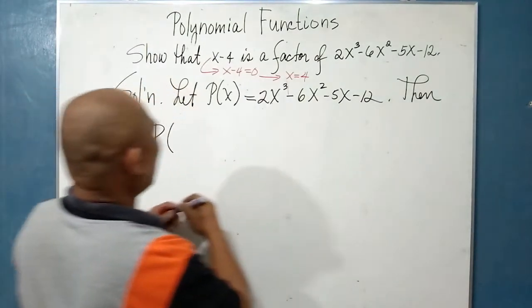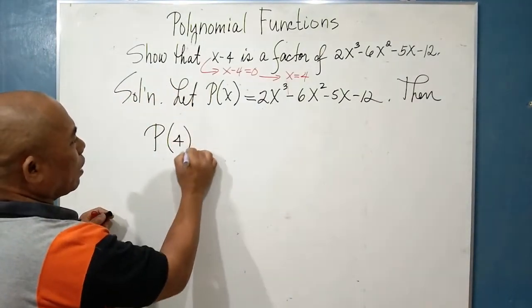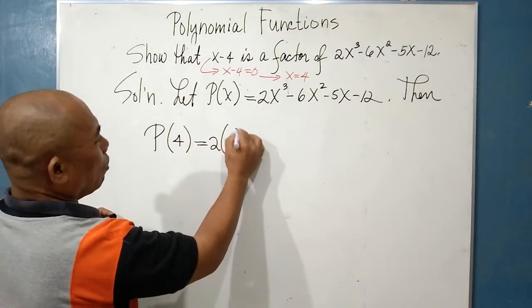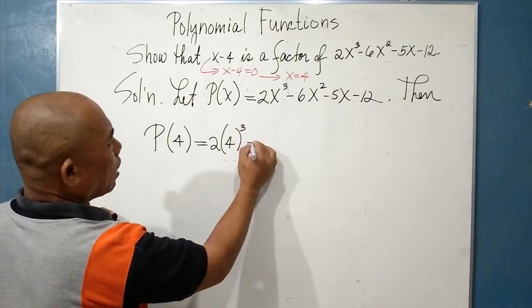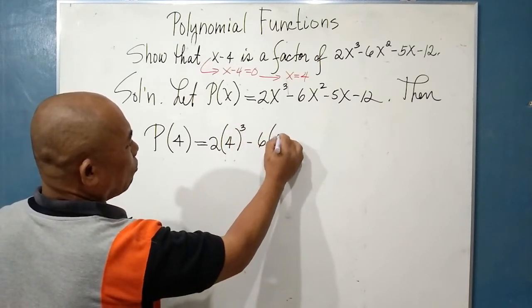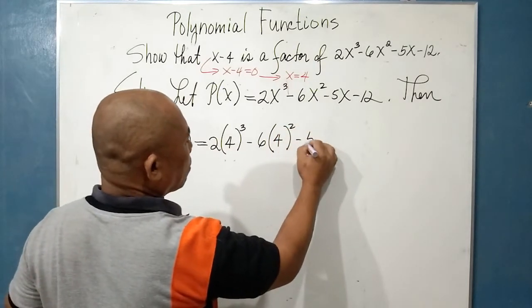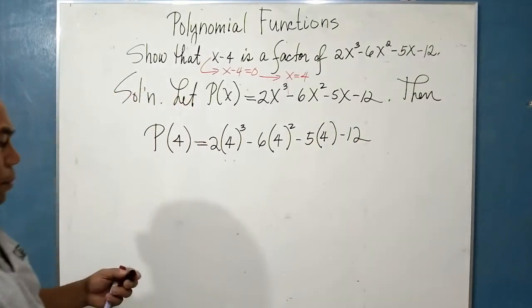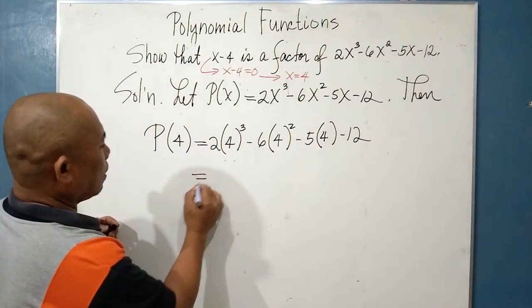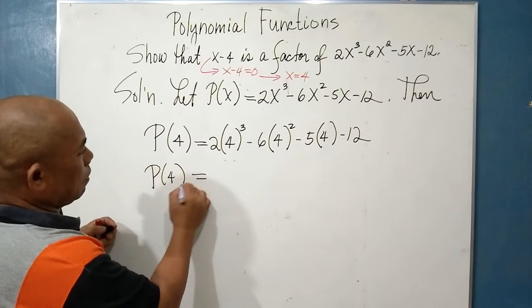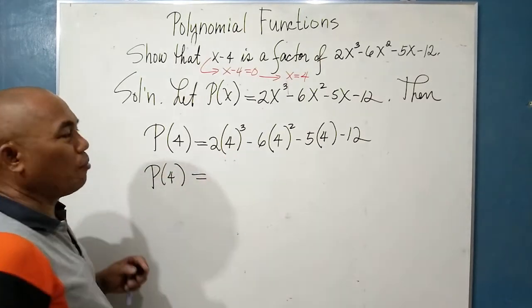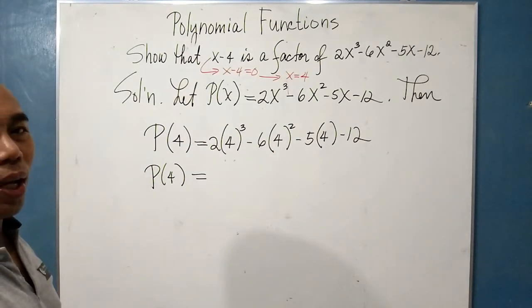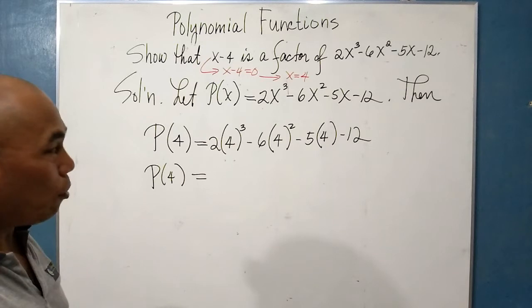So, then p of 4 equals, substitute 2 times 4 cubed minus 6 times 4 squared minus 5 times 4 minus 12. So, equals. Pila man ni siya? 4 times 4, 16. 16 times 4 is 64.